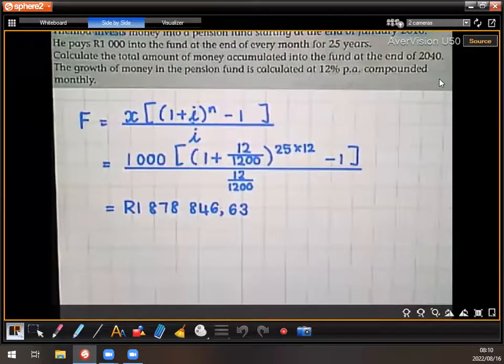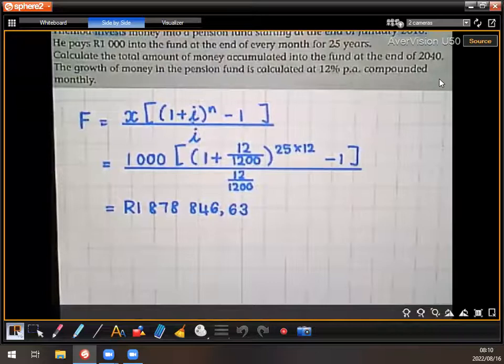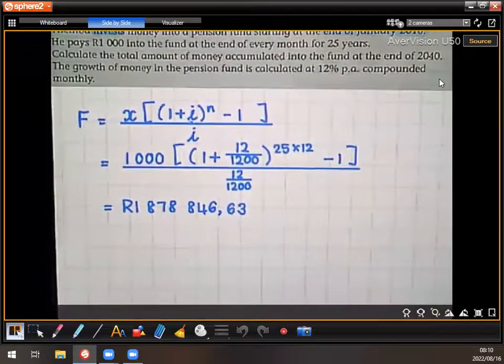I mean, it's 25 years at 12%. Okay, easy. Just apply the formula.